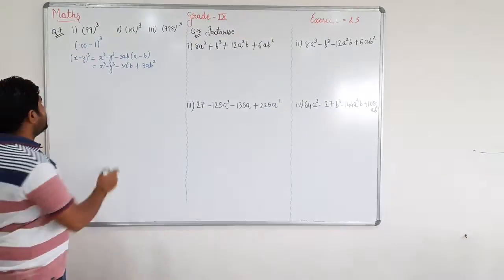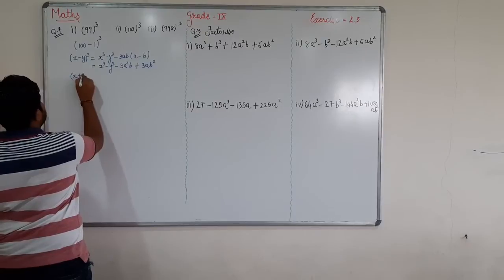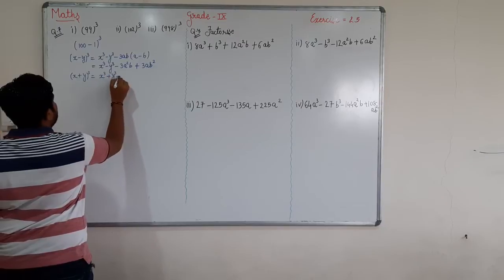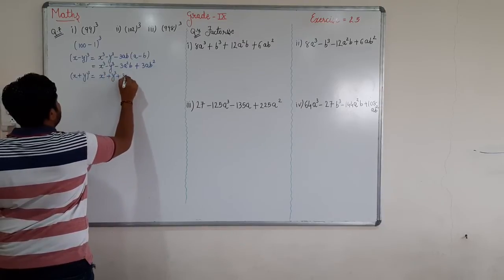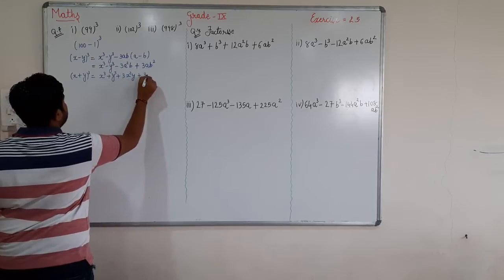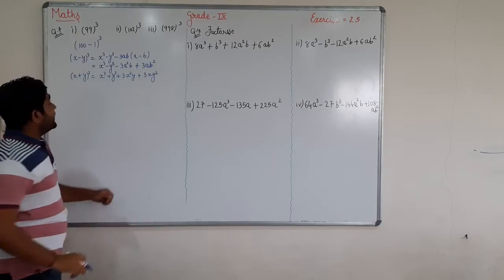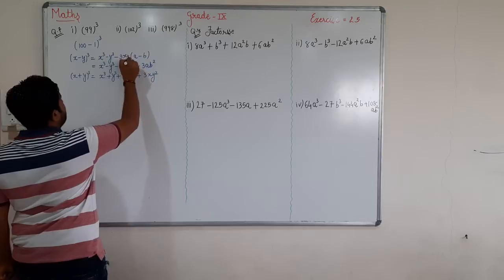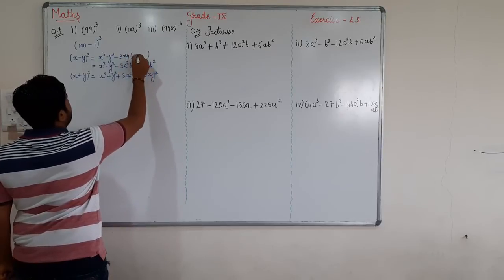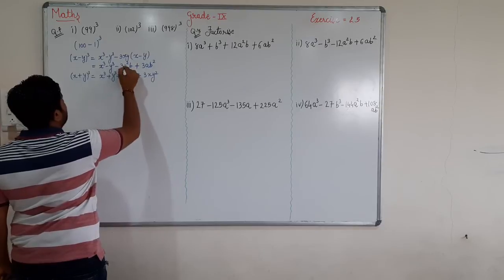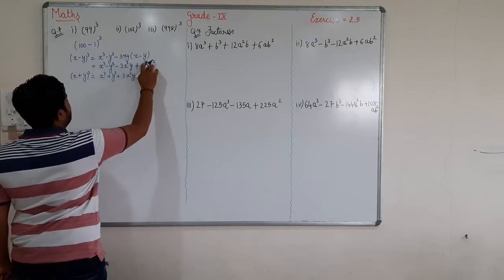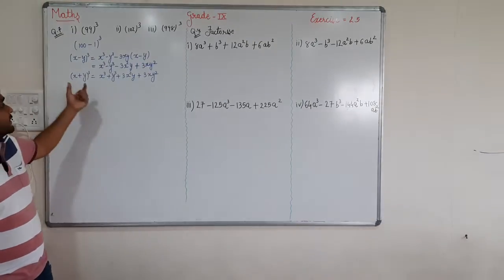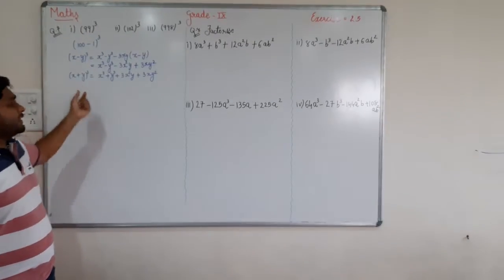Now similarly, if (x plus y) raised to power 3 is there, we can write x cube plus y cube plus 3x square y plus 3xy square. Sorry, here I wrote ab, but it is not ab, it is x and y. So this is the identity for (x minus y) all raised to cube or (x plus y) all raised to cube.